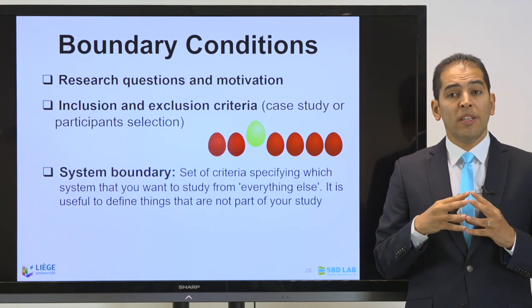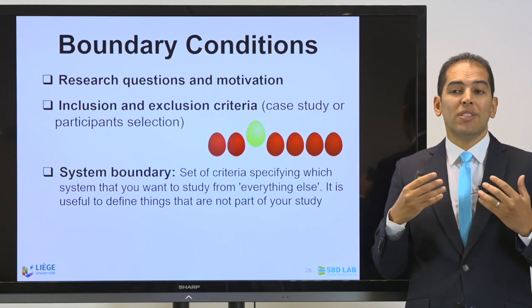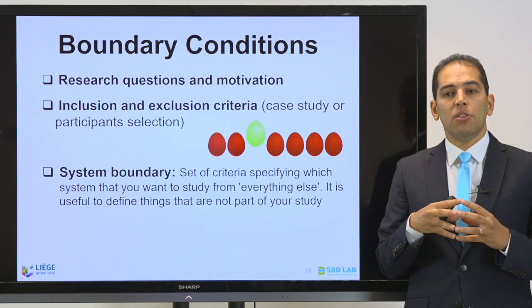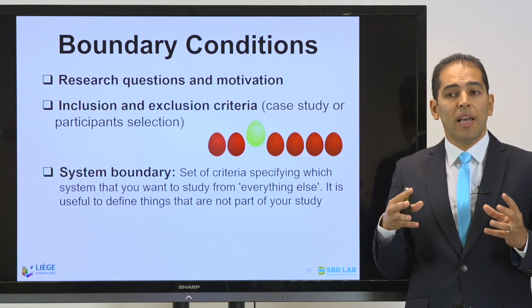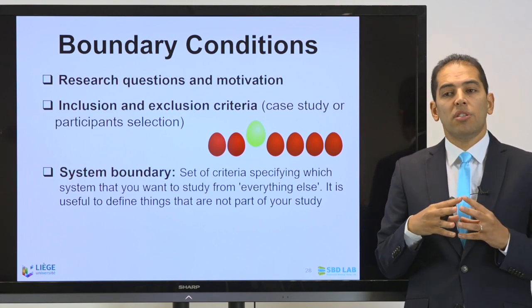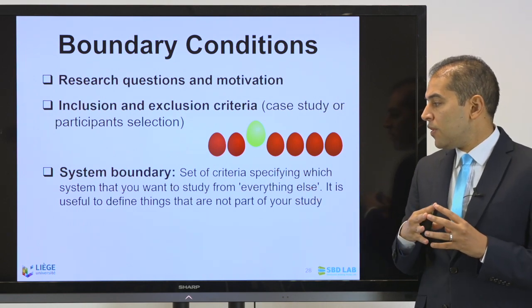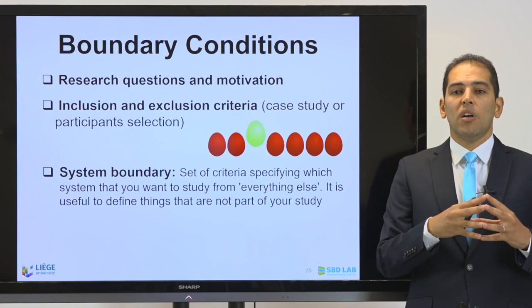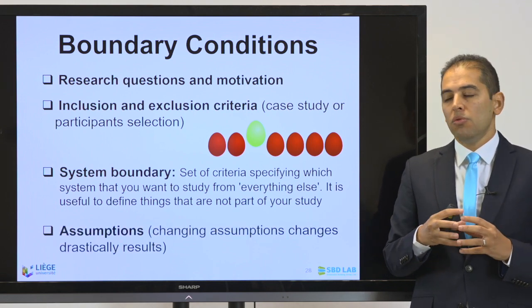You also need to define your system boundary. Simply, you need to set criteria specifying which system you want to study from everything else and how you distinguish your sample. And it is useful to define things that are not part of your study too, because you need to say what you are not going to measure.